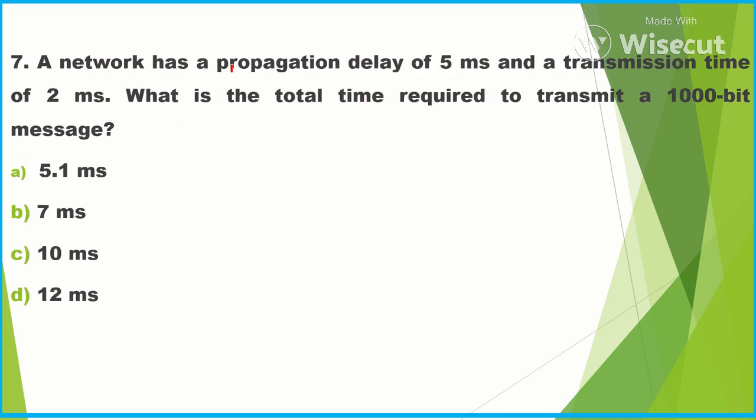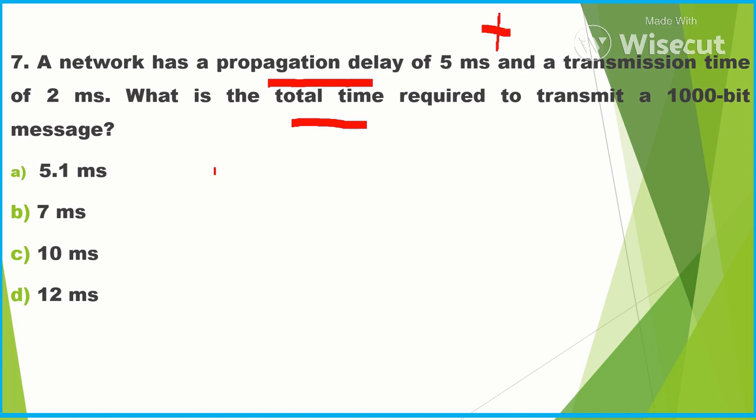Next one, a network has a propagation delay of 5 milliseconds and a transmission time of 2 milliseconds. What is the total time required to transmit a 1000-bit message? Here, total time required to transmit a message is the sum of the propagation delay plus the transmission time.